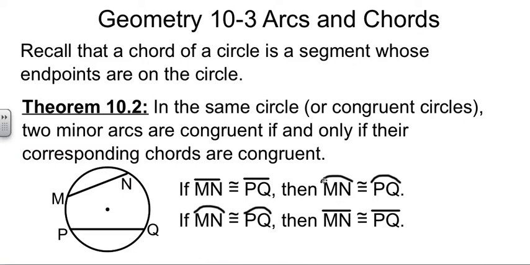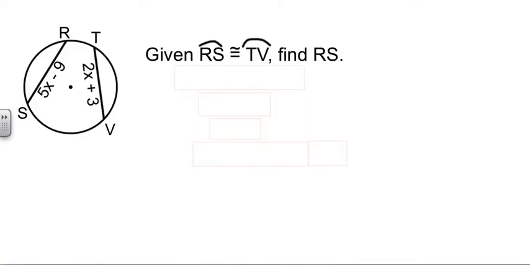Notice here how important it is to make sure you can distinguish between the two ideas, because the symbols have to match up right. So let's tangle with this idea. If we're given that arc RS is equal to arc TV, our job is to find the length of segment RS.